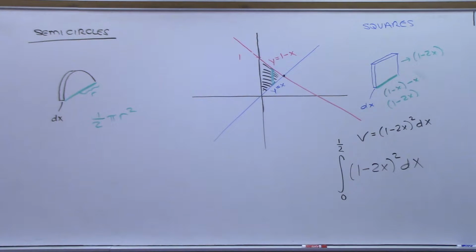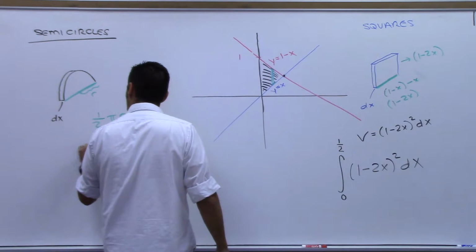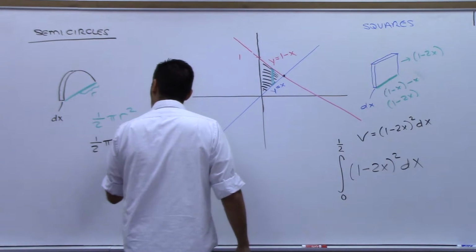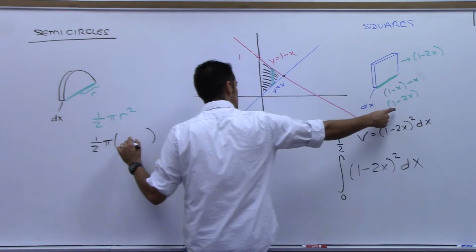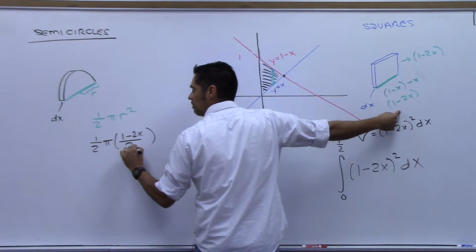Do you know the radius of that circle? It's half of this distance, isn't it? And that distance was 1 minus 2x. So it's half of that. So the area of that will be 1/2 pi times the radius, half of 1 minus 2x, squared.